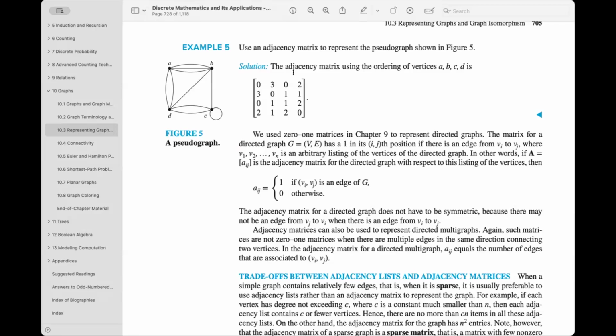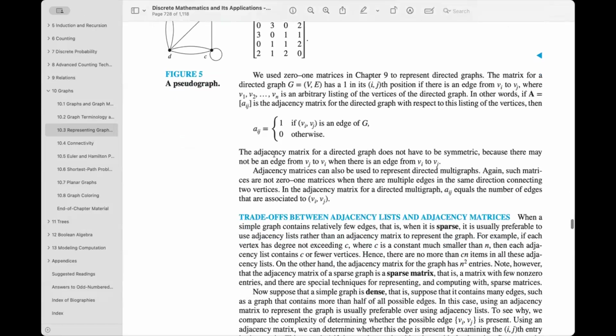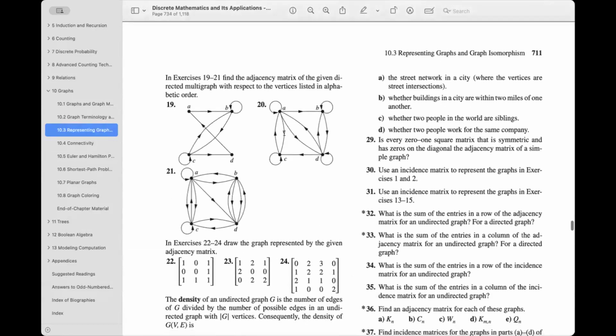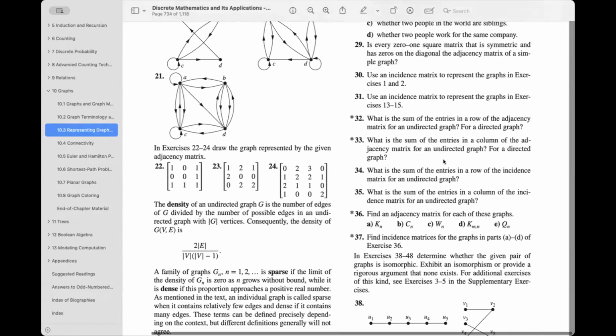And then 32, 33, and 34 said the sum of the entries of a row of an incidence matrix for an undirected graph is the number of edges incident to that vertex.